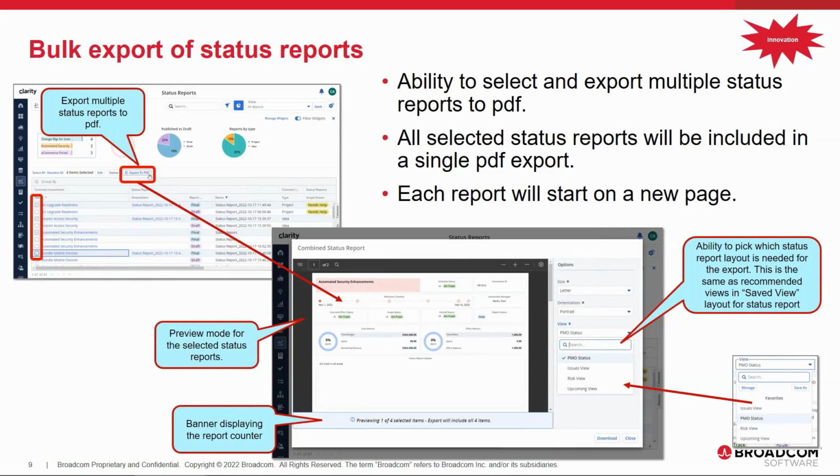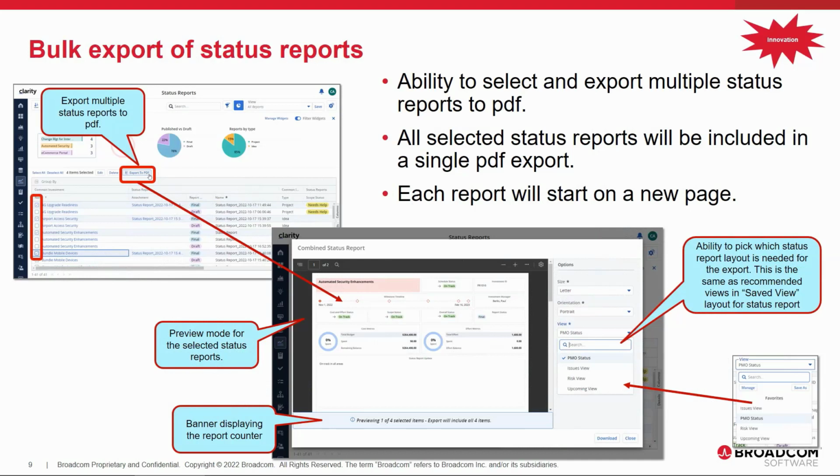Clicking on that will open up the preview for the user to see the ability to export the report, and the user will also get the option to select which view they would want to export. Given that there can be multiple views defined in the system and different investments could be using different views, the end user gets to select which specific view they would want to export when exporting these multiple reports out.